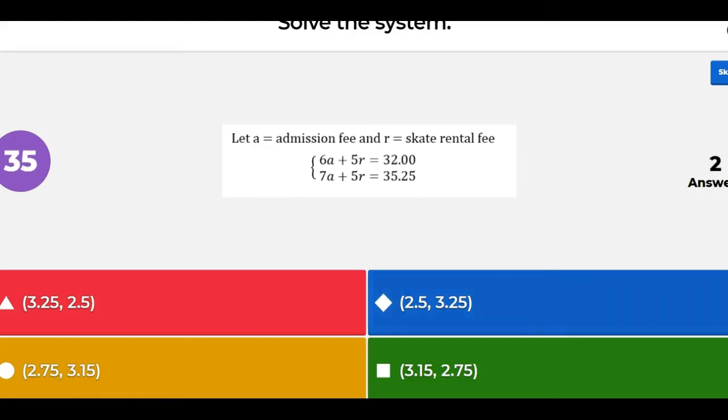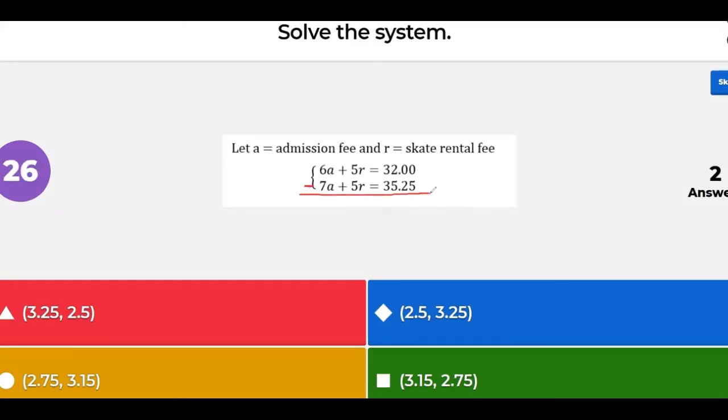Does everybody know how to set up and use elimination? So like I would subtract the bottom from the top. A is x, and yeah, the first variable given is always the first coordinate.